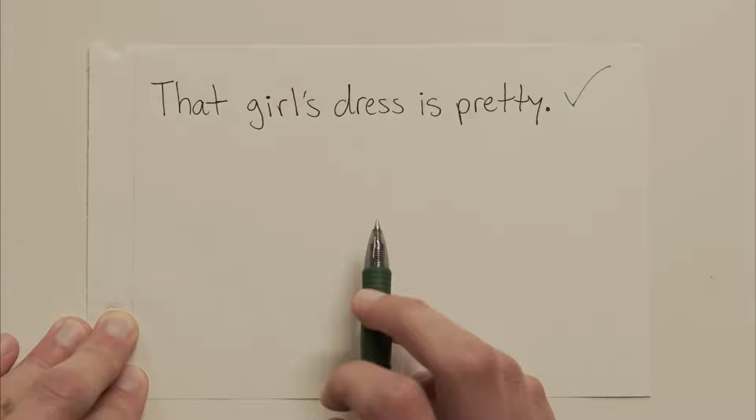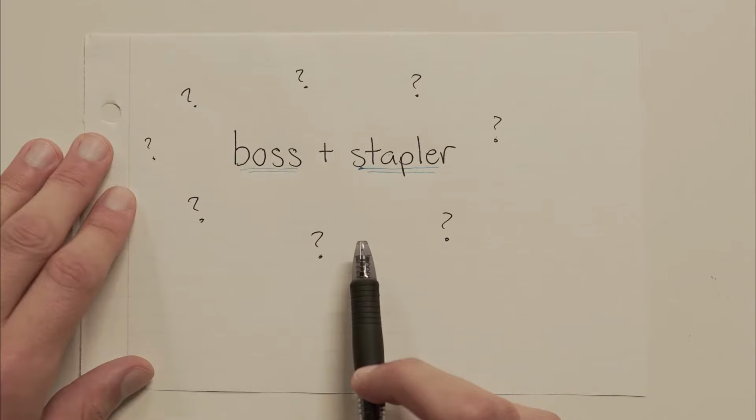And this rule applies to every singular noun, even ones that already end with an S, like say, boss. If you have one boss, and that one boss possesses something, maybe a stapler or something, you would still add apostrophe S to make the word boss possessive.